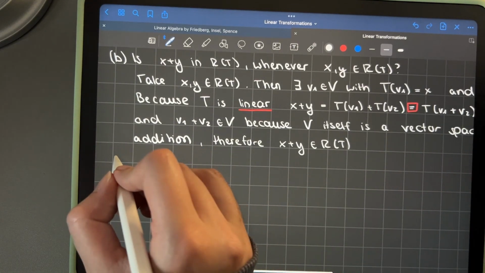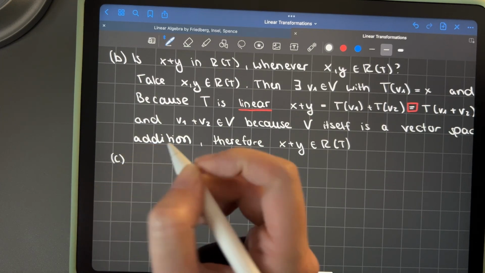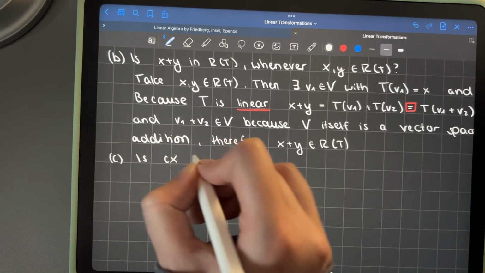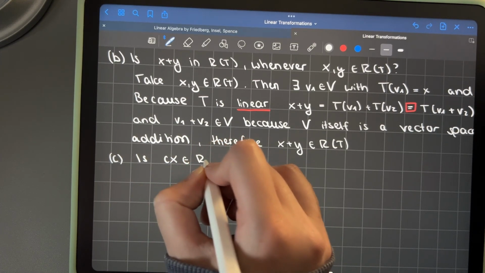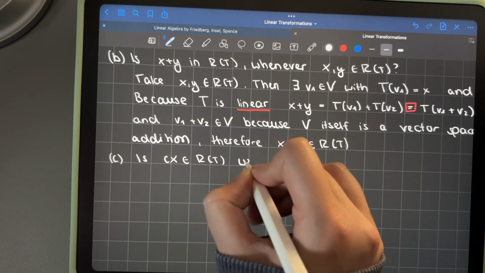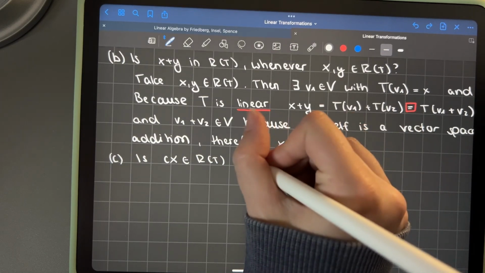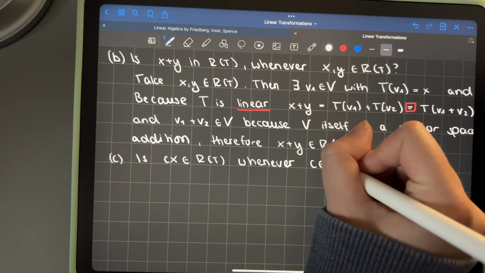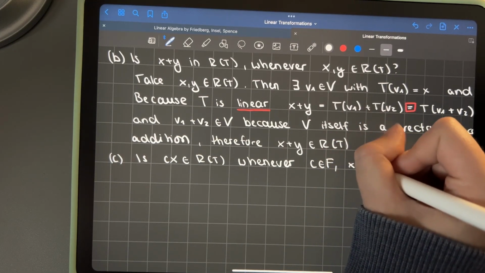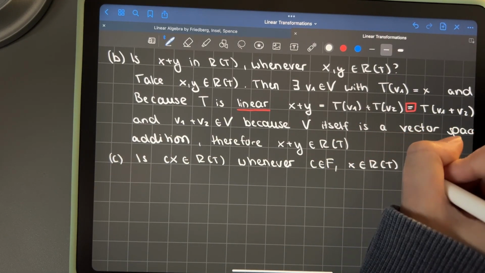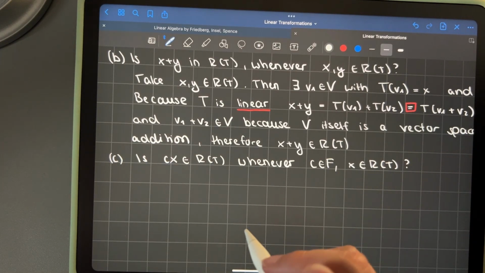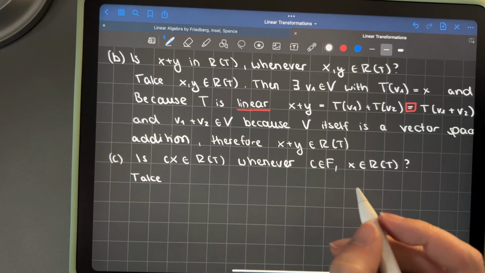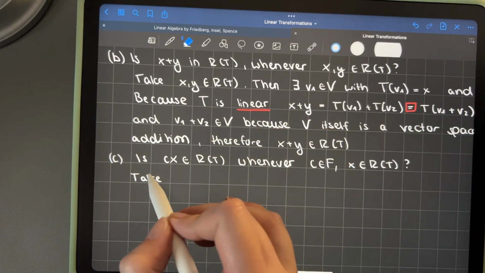And the last part, C, is cx part of R(T), whenever c is a scalar and x is in R(T).